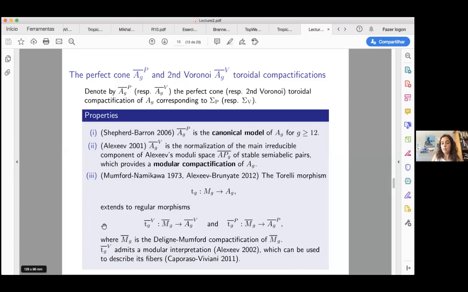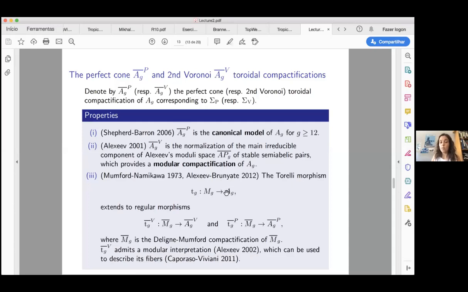its fibers. So remember, in the beginning we said that the classical Torelli morphism is injective, and this is really a very important property, because we can see Mg inside Ag, and we talk about the Jacobian locus, and the fact that it's injective is really helpful.